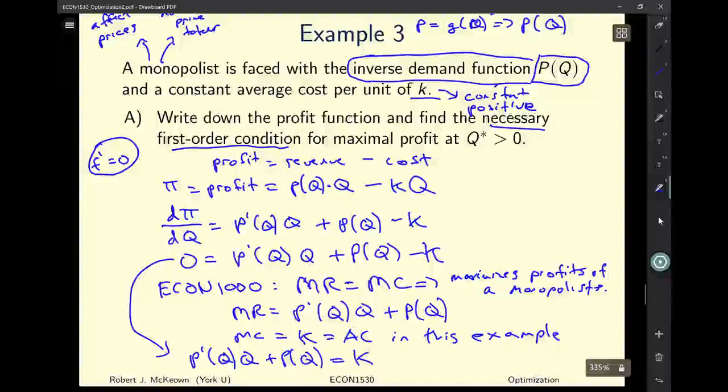And maybe I will just add a little star as a superscript to the Q's, where the star represents equilibrium. Or the Q that maximizes the monopolist's profit, or another way of putting it, the Q that solves the monopolist problem.